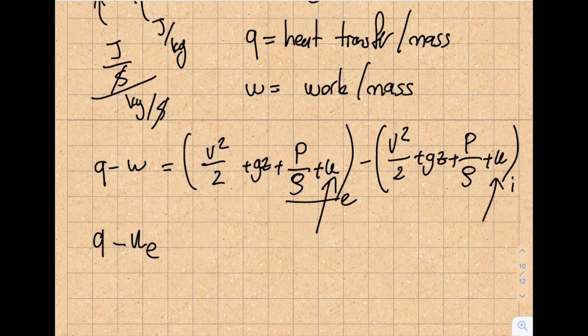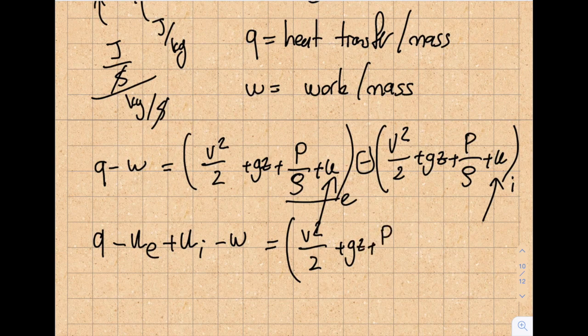It has a negative sign in front of it, so when I move it to the other side of the equation, it will be a plus U inlet. Minus W will be equal to V squared over 2 plus GZ plus P over rho at the exit, minus the same quantity at the inlet.